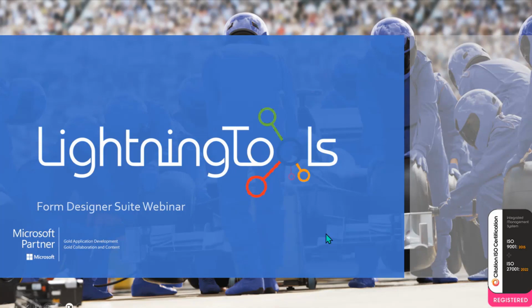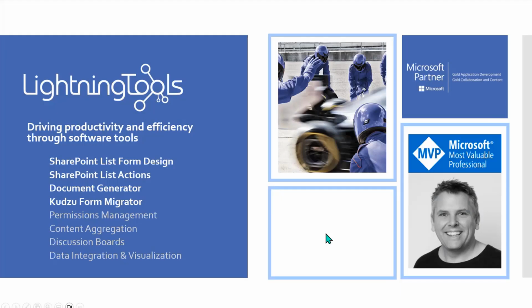In terms of the products that we're going to be talking about today, you can see our mainstream products on the slide here. We're going to be looking at the list form design. The product we'll be exploring is called Lightning Forms.